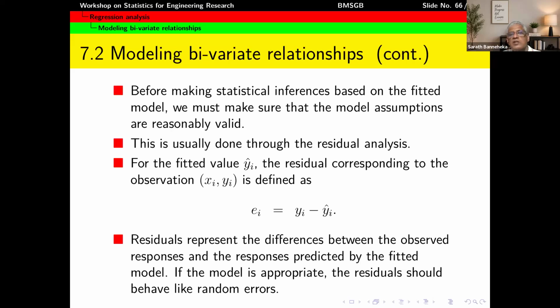Before making statistical inferences based on the fitted model, we must make sure that the model assumptions are reasonably valid. Once you have fitted the model using the least squares method or the method of maximum likelihood, you want to test whether these fitted coefficients are good estimates, or whether the corresponding parameters are actually zero or not. To carry out inferences, you have to make sure of the model assumption, and in addition there are other assumptions.